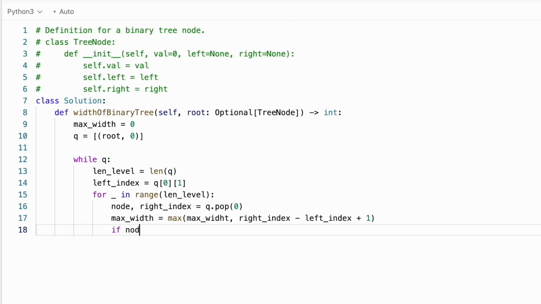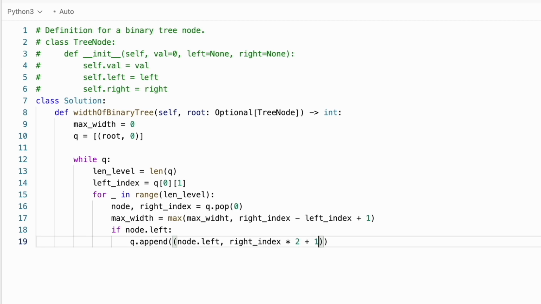Next, we add the child nodes to the next level. If the node has the left child, we add that to the queue, node.left, and the index of this node will be index of the parent node, which is right index, times 2 plus 1. We do the same if there is a right node.